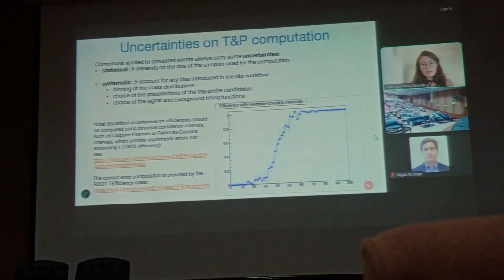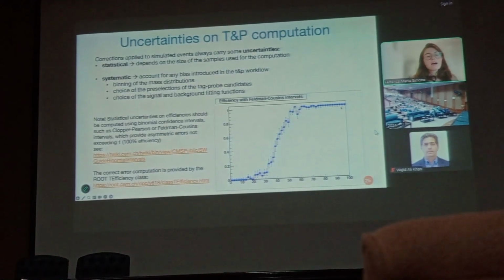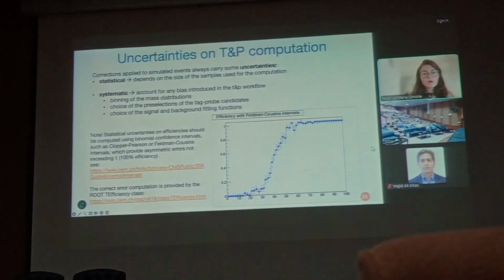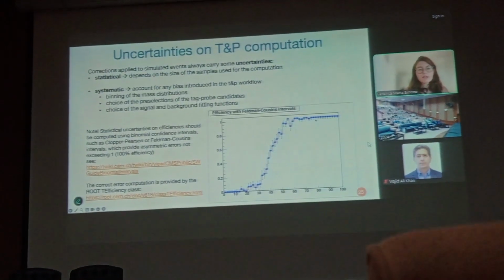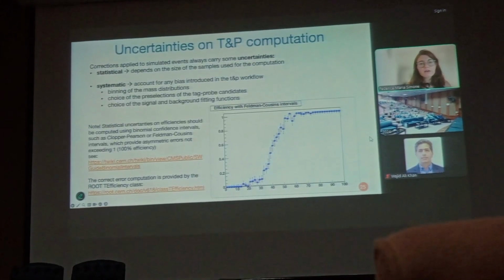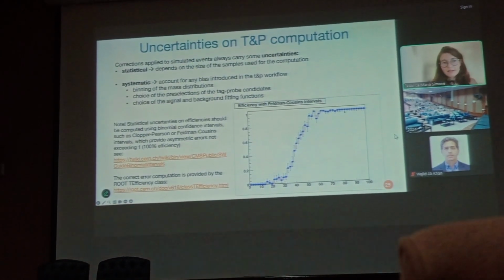Please be aware that uncertainties on the efficiencies are not symmetric. So whenever you look at an efficiency plot, you do expect the error bars to, let's say, be squeezed towards 1, because the efficiency, including the uncertainty, can't exceed 1.